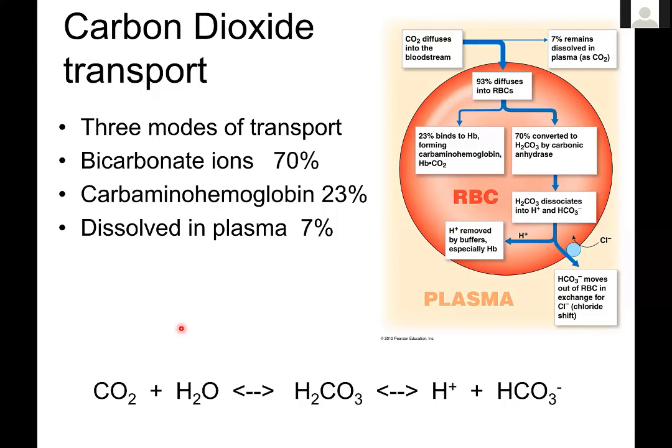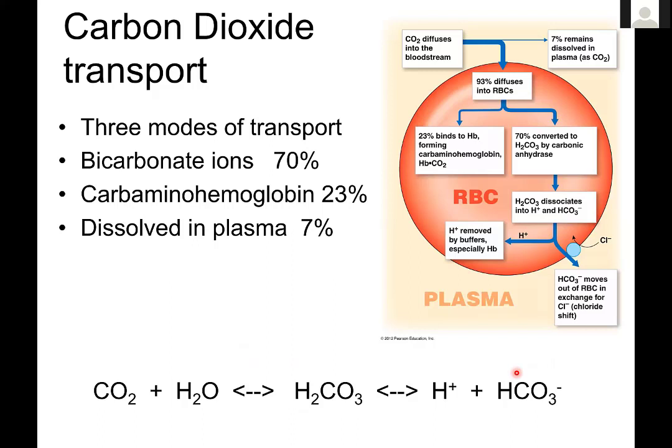So remember, buffers are solutions of a weak acid, in this case, carbonic acid, and its conjugate base, which is bicarbonate. So carbonic acid is in equilibrium with its form as it splits, and this arrow has two heads because depending on the relative amount of reactants and products, or vice versa, the reaction can shift to the right or the left, and that avoids large changes in pH in the body.